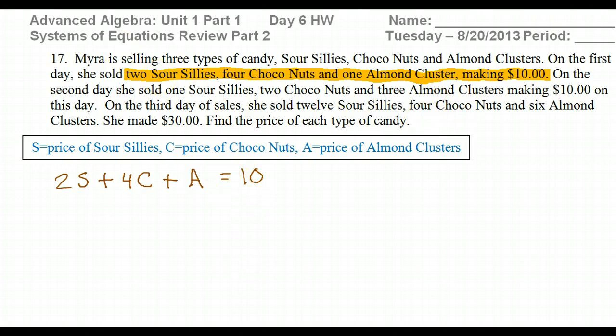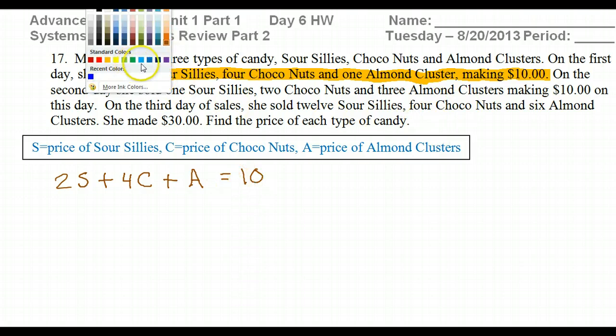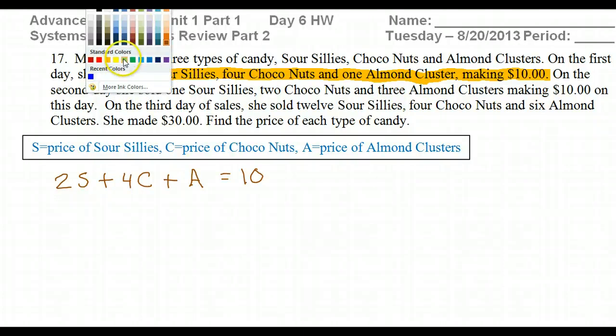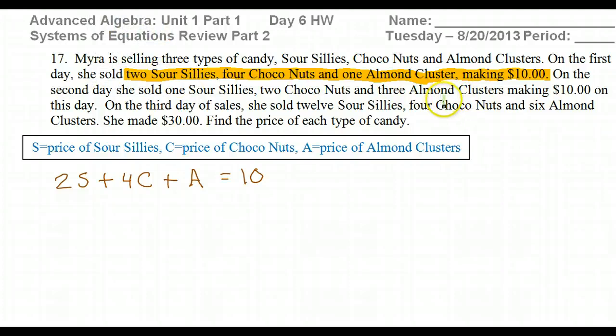So the other equations all work the same way. So, for example, the next day we have, whoa, I thought I was highlighting, but I got confused. So let's see. She sold one sour sillies, 2 choco nuts, 3 almond clusters, again with the $10.